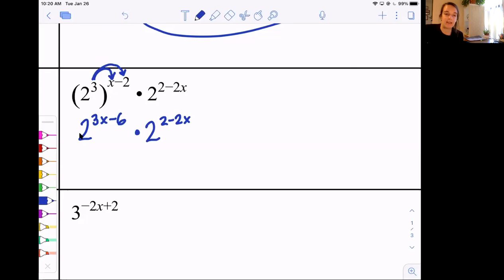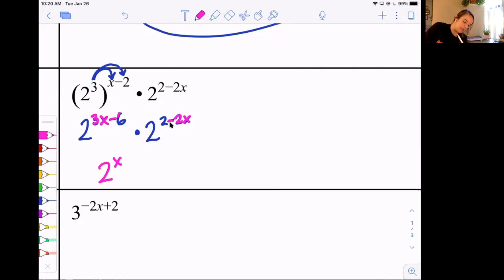What do I do now that I have a base times the same base? What do I do with the exponents now? Yeah, I'm going to add them together. So now I'm applying that original rule, the addition rule. So I have 3x plus negative 2x. That's going to give me 1x, so 2 to the power of x.